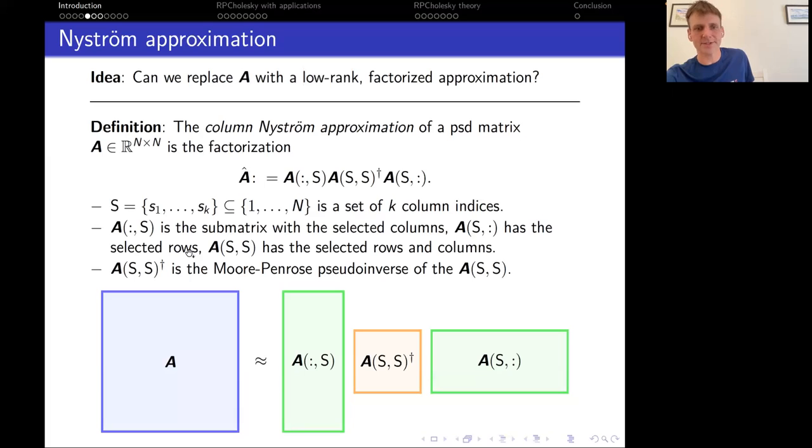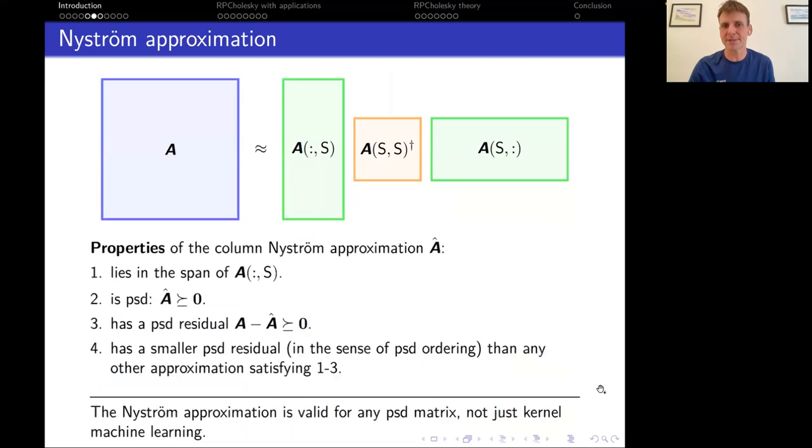A S colon has the selected rows, A SS has the selected rows and columns. A SS dagger is the Moore-Penrose pseudo-inverse of A SS. And a picture is worth 1,000 words. Here's the picture. So you take the columns, you divide by the submatrix with the selected rows and columns, you multiply by the rows. And it recovers an approximation which has the right dimensions. And it has a lot of nice properties, way more than you might think.